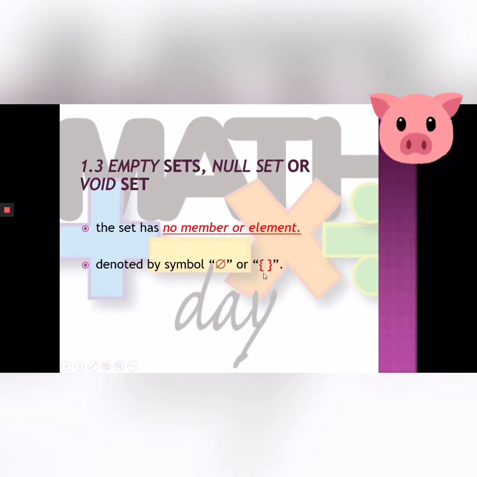Braces are usually used in writing a set. When writing a set using braces, we put the members or elements inside, separated by a comma. However, in this empty set there is nothing in it, so it's like zero. Can you see that? Inside is nothing, so it's an empty set.